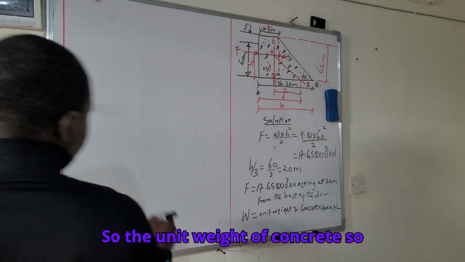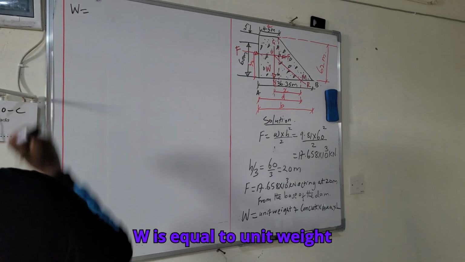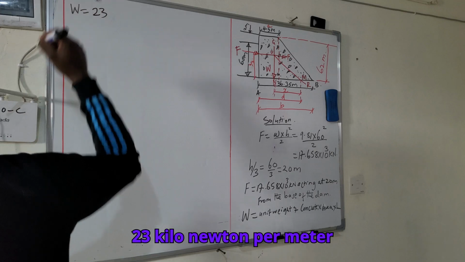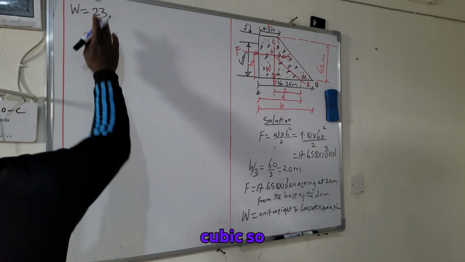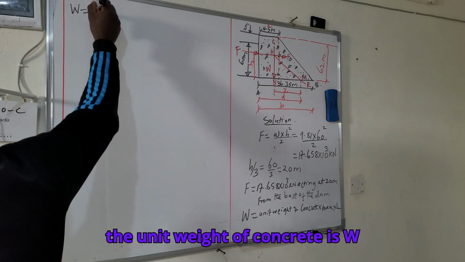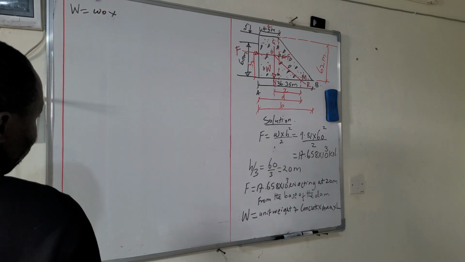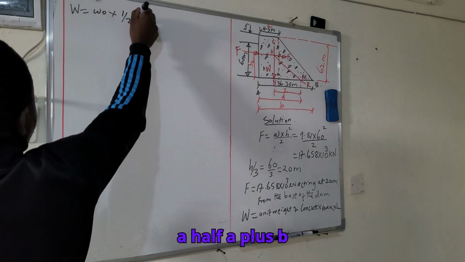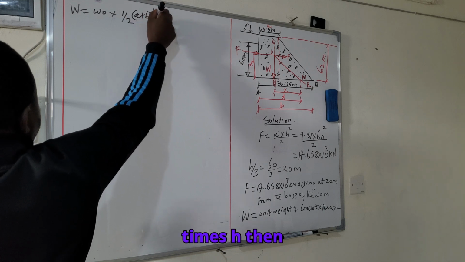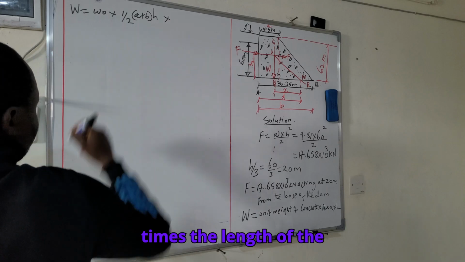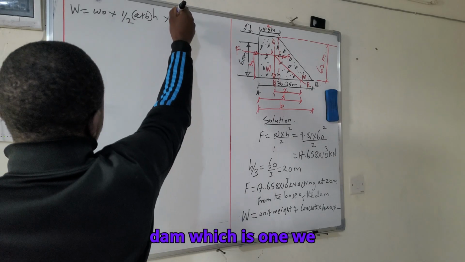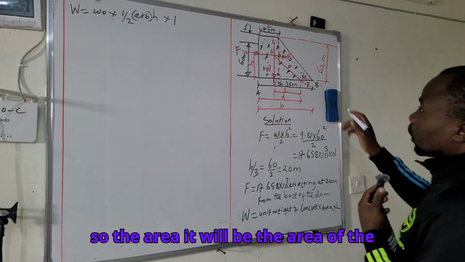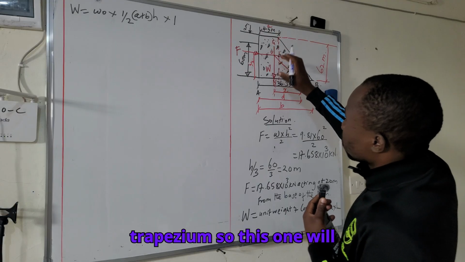So W is equal to the unit weight of concrete. We have been told to use 23 kilonewton per meter cubed. So W is the unit weight of concrete times area, that is a half A plus B times H, then times the length of the dam, which is 1. We consider 1 meter length of the dam. The area will be the area of the trapezium.